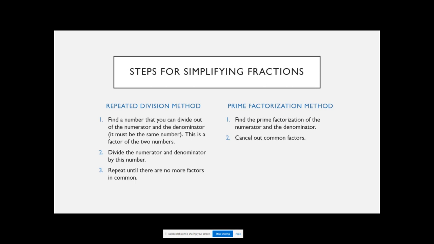Both methods work all the time, so it's up to you which one you prefer. I'm going to show both methods because it depends on how your brain works, basically.